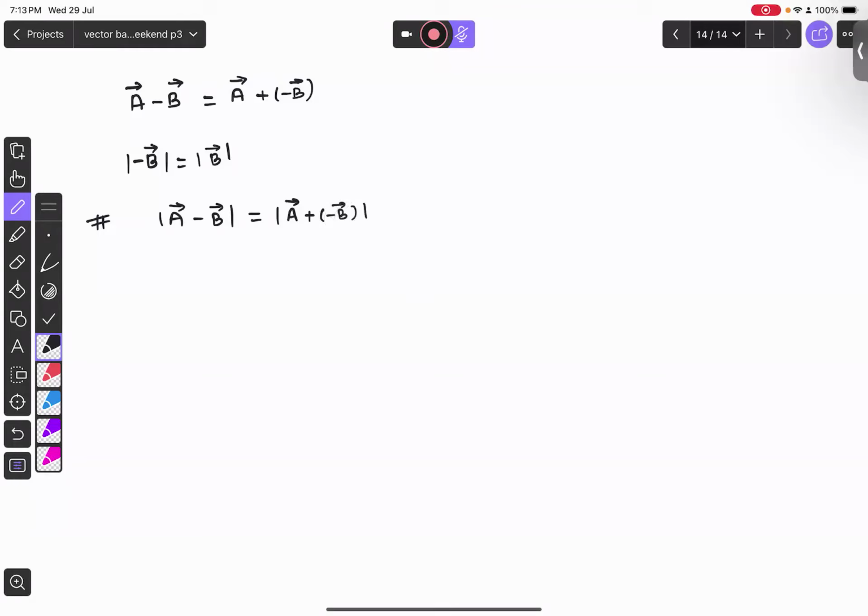A square plus modulus of minus B square plus twice modulus of A, modulus of minus B, and cos of the angle between A and minus B.